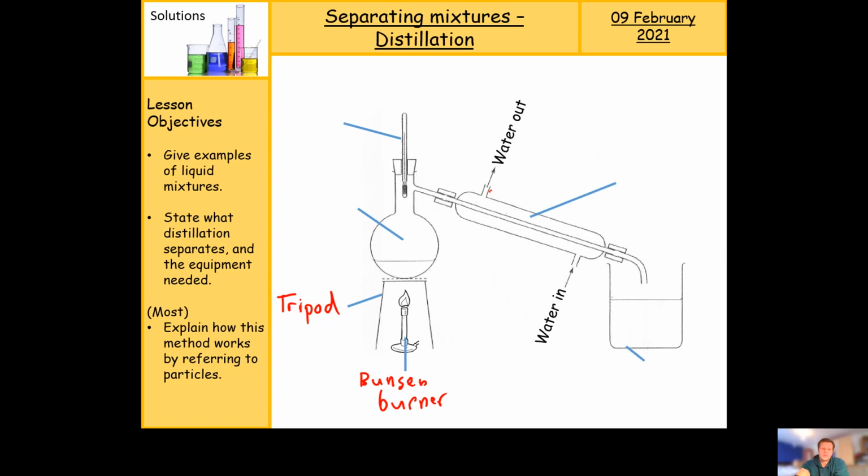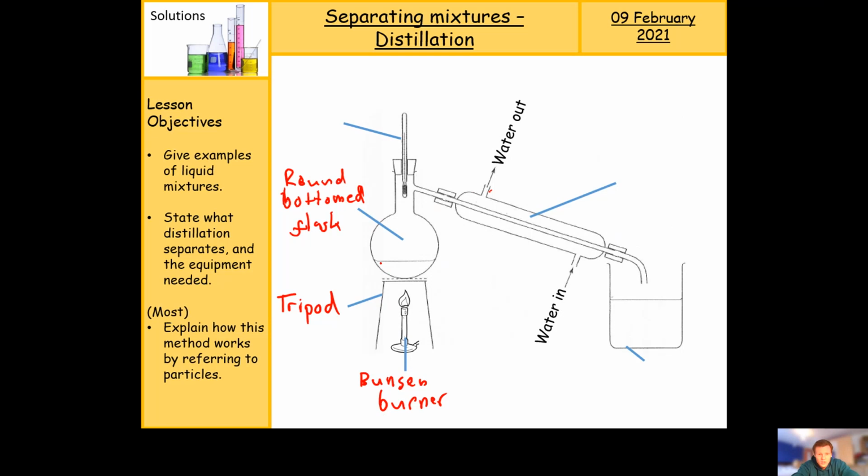Okay, so Bunsen burner and our tripod, and here's a new bit of equipment that you may not have seen before, but this is a round-bottomed flask, because it's got a round bottom.